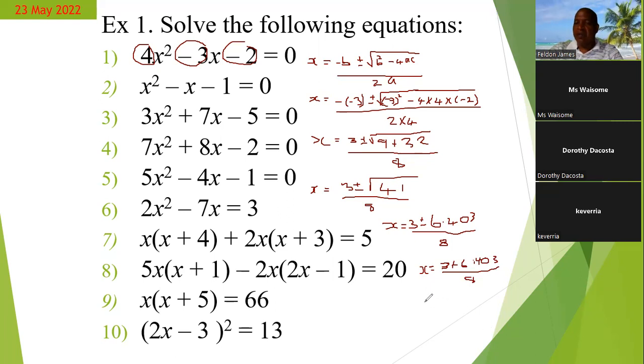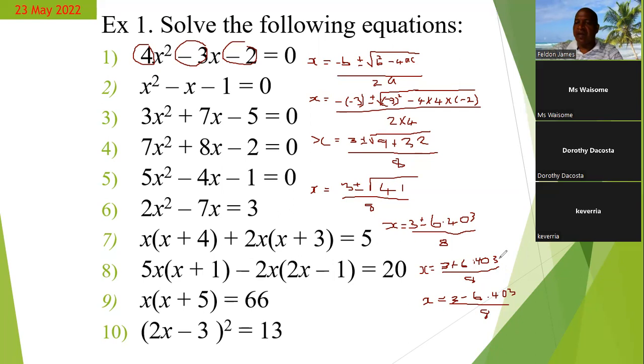The next scenario is when you subtract. So in the second scenario, x is equal to 3 minus 6.403. So now what you do, you're going to take away 6.403 from 3 and then divide it by 8. So that will give you the second answer to x.